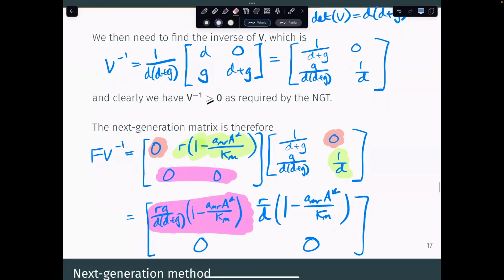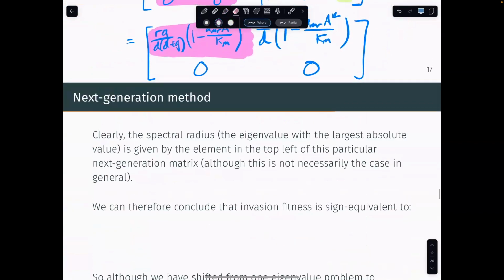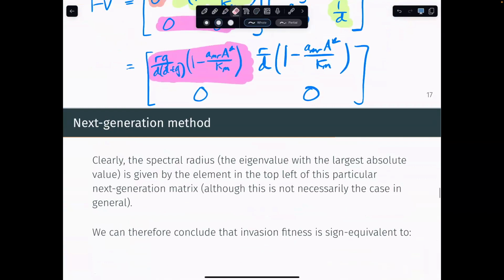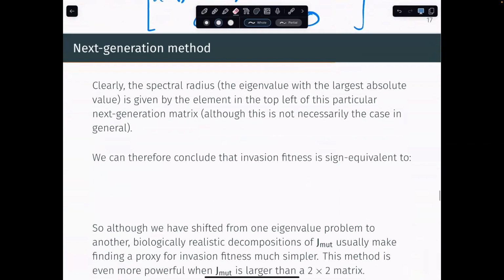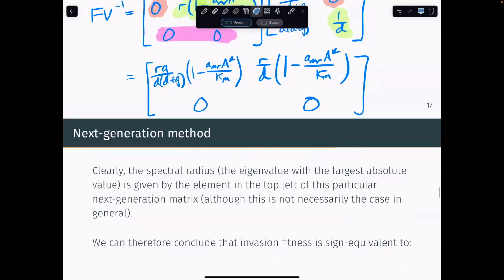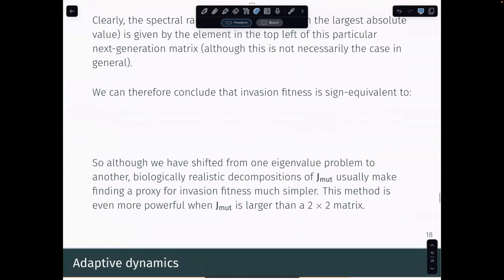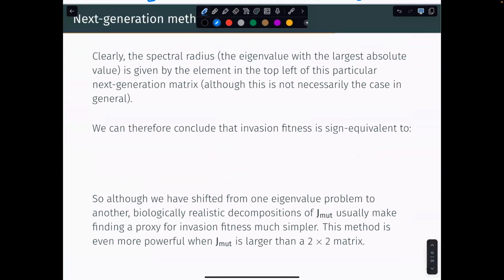Okay. So we can now write down our, so it's clear that our spectral radius is going to be given by this element in the top left of our next generation matrix. So we can therefore conclude that our invasion fitness is sign equivalent to, I'll call it W tilde.